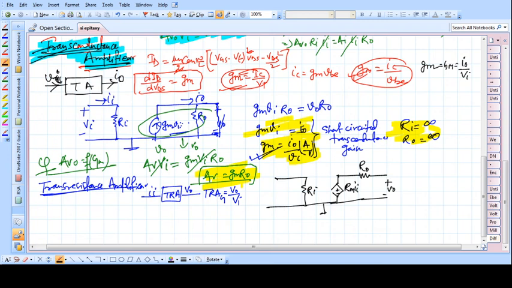Earlier it was Gm into Vi, now Rm into Ii. So in this case, this is the open circuited trans resistance gain.